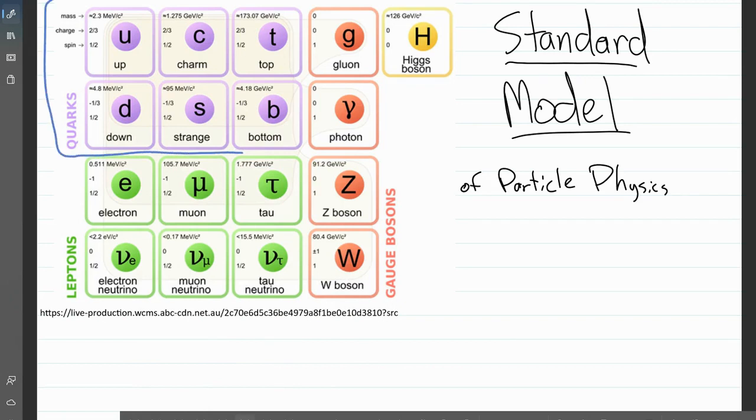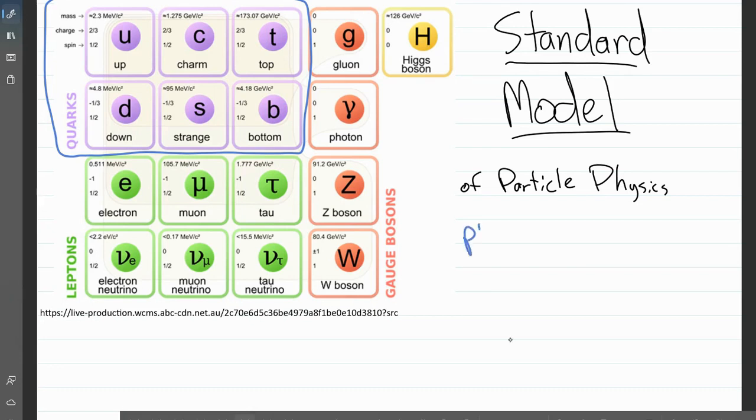Top left corner, we have these things called quarks. Quarks are what make up protons and neutrons, everything that is this bigger particle that we have. These quarks are what makes those up.